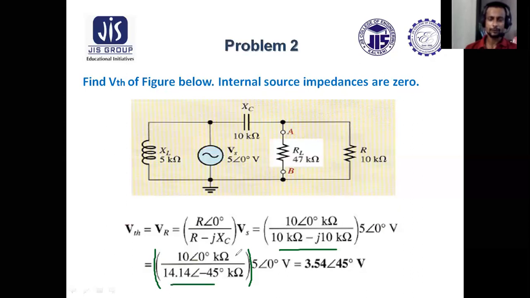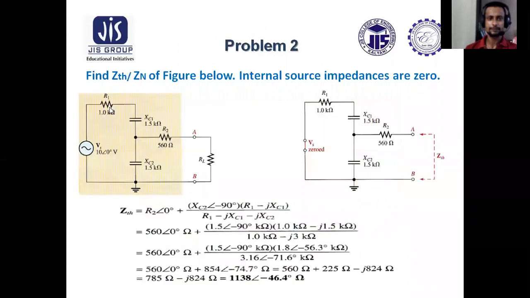Conversion from rectangular to polar is already discussed. It's well known to everyone present out here. Now after making this division, it is to be multiplied with 5 angle 0. Finally, you'll get this answer. Okay, so this is how you can calculate VTH for a specific network.